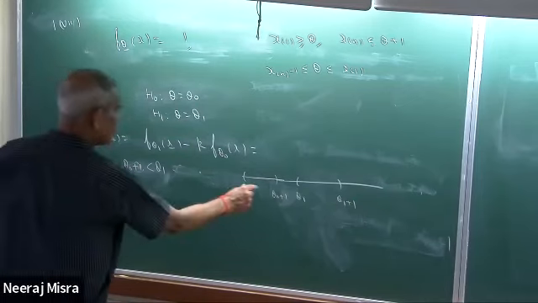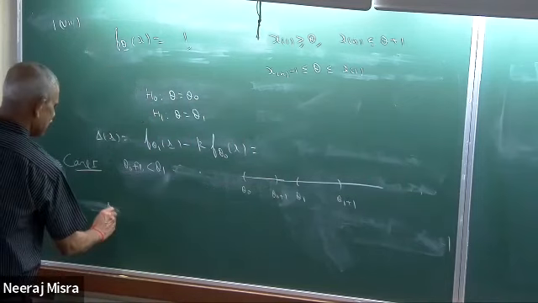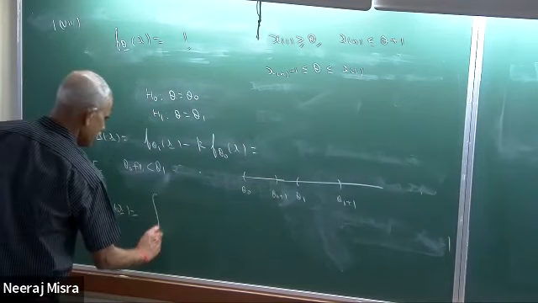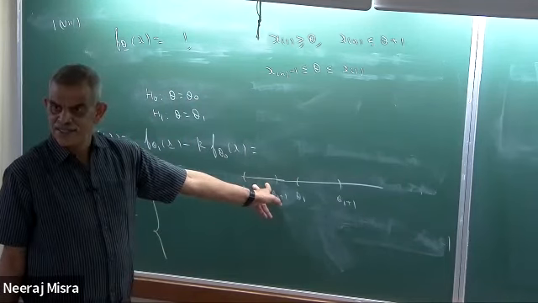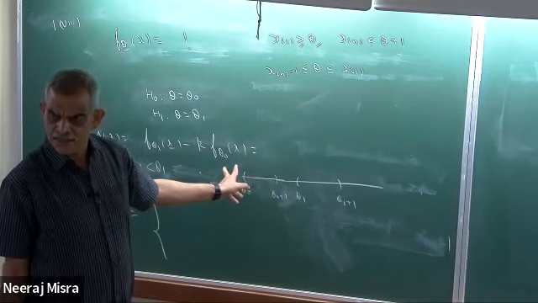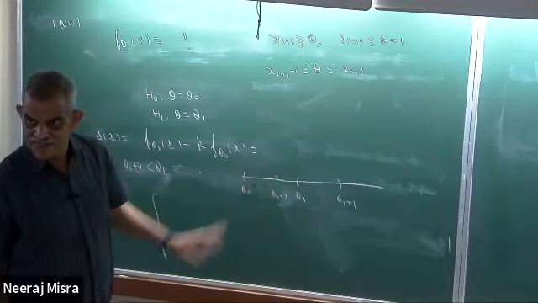So there are various situations. Let us look at delta x. If x1 and xn are both over here, then it is minus k.